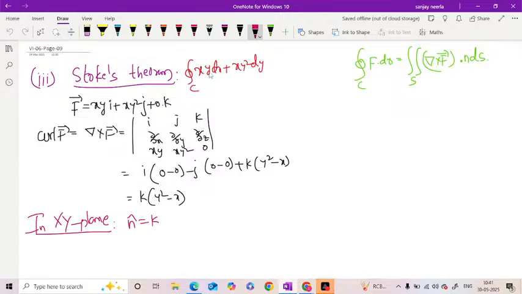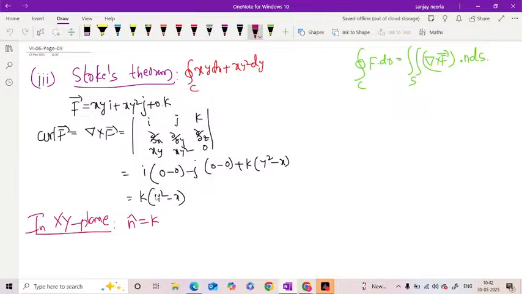So this is F1, this is F2. Now our vector point function F is xy i plus xy square j plus 0 k, and we calculate the curl. That means del cross F is the determinant of i j k, dou by dou x, dou by dou y, dou by dou z, xy, xy square, 0.